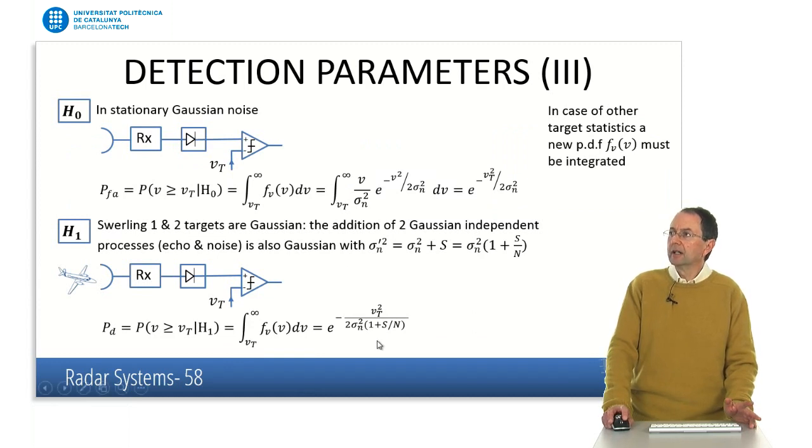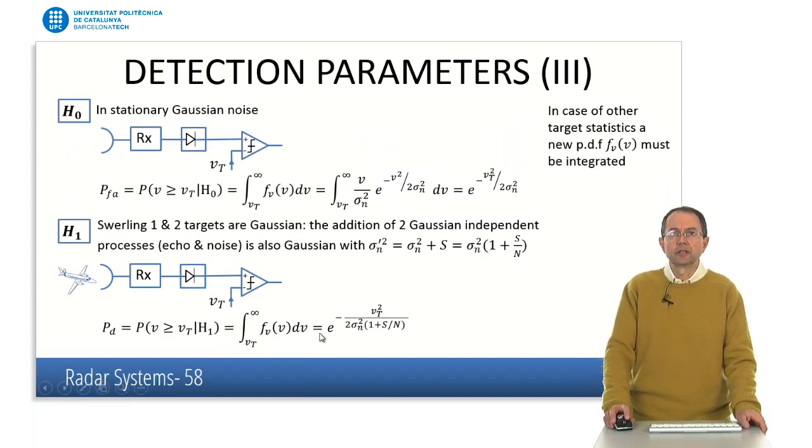Now, still in the stationary noise-limited situation, we can compute the probability of false alarm this way. This simple exponential expression gives us the result. In the case the target is a statistical target, for example a Swerling target, in the case of Swerling 1 or 2, the target is considered to be Gaussian, so the real and imaginary parts are Gaussian processes like the noise.